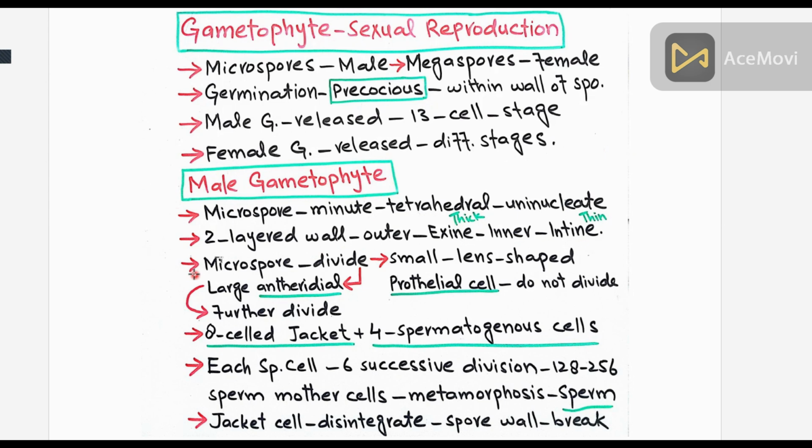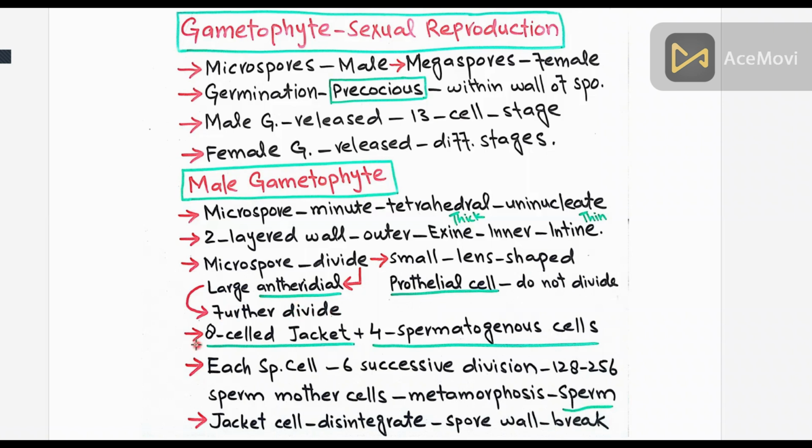The microspore divides by an unequal division to form a small lens-shaped prothallial cell which does not divide further, and a large antheridial cell which divides by several divisions in various planes.